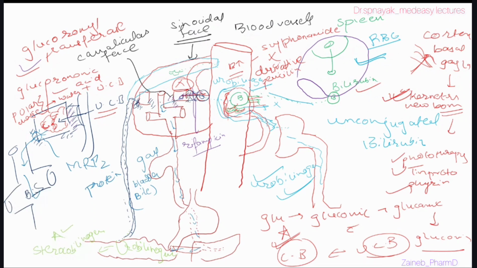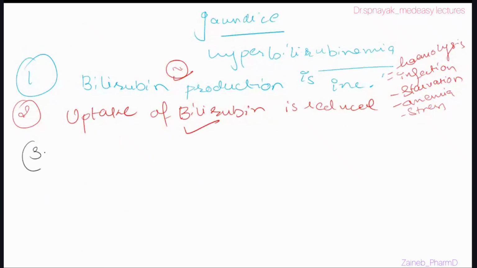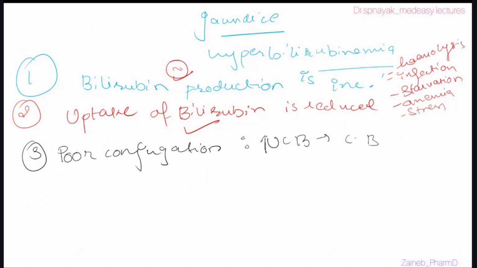Then the third mechanism is poor conjugation. Poor conjugation means the unconjugated bilirubin is not able to convert into conjugated bilirubin, resulting in an elevated level of unconjugated bilirubin.